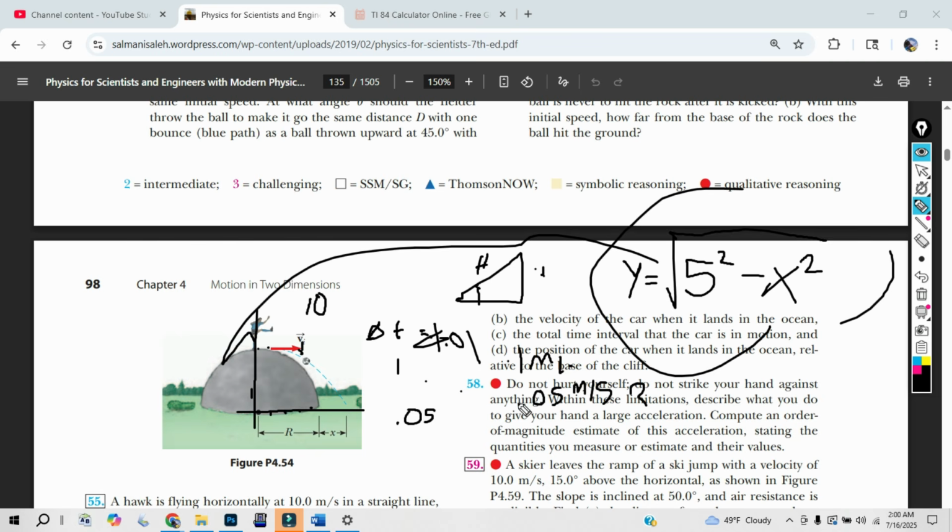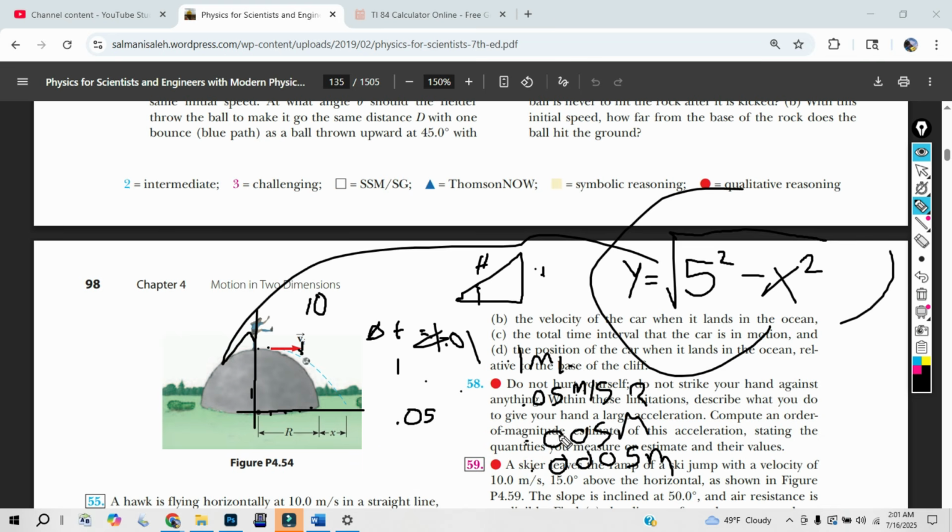Well, if I traveled this speed for a second, I would go this distance. If I traveled this speed for a tenth of a second, I would go this distance. And if I traveled this for a 100th of a second, this is the distance I would travel. Cool.